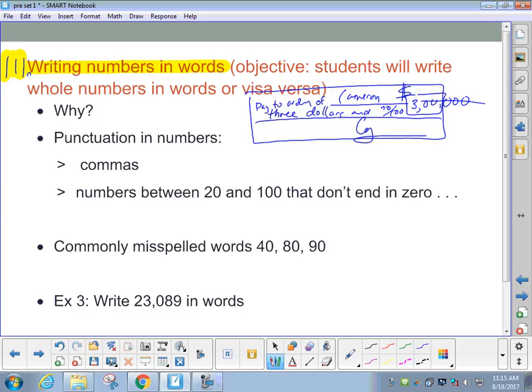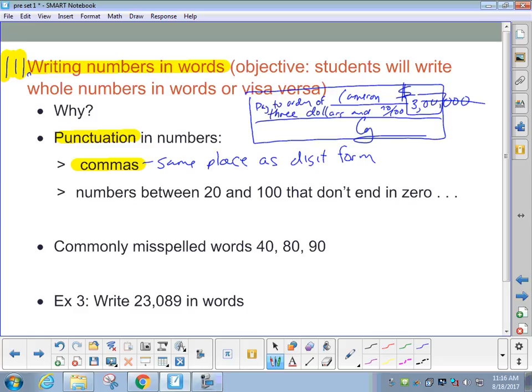You have to be able to write words. Got it? Make sure that when you punctuate, this I do want you to write down. When you do punctuation, commas go in the same place as the digit form. Where you put commas in the digits, the actual numerical symbols, you're going to put commas in the same place when you expand it into words.